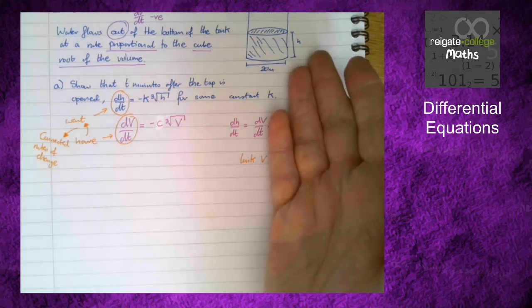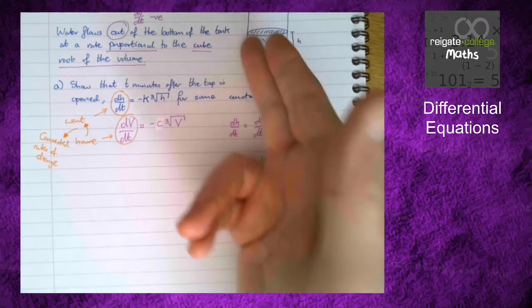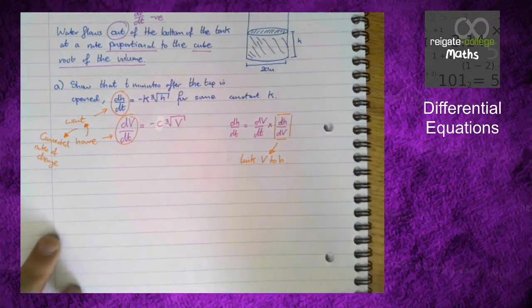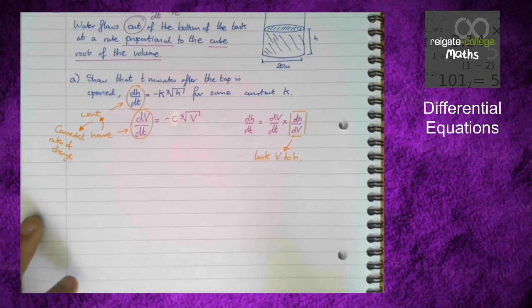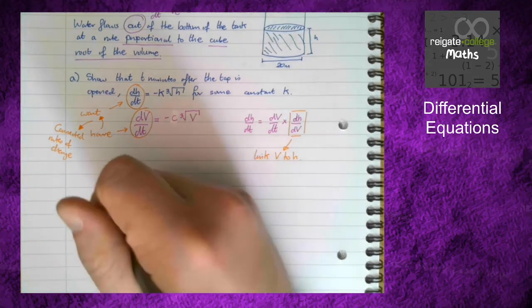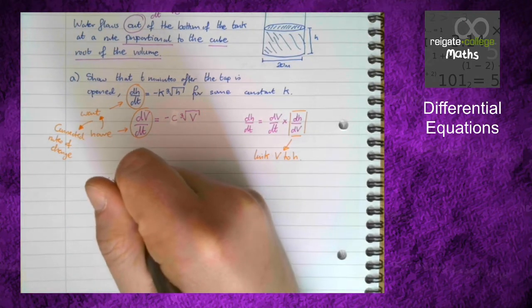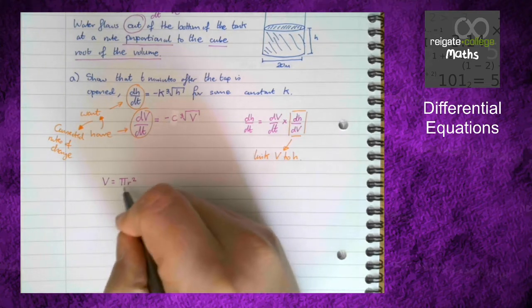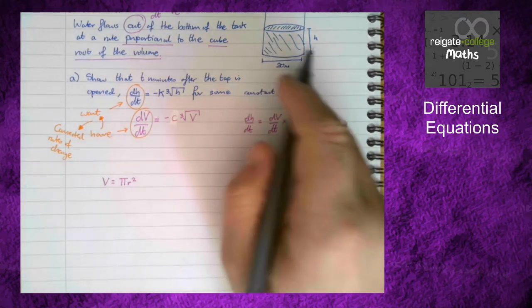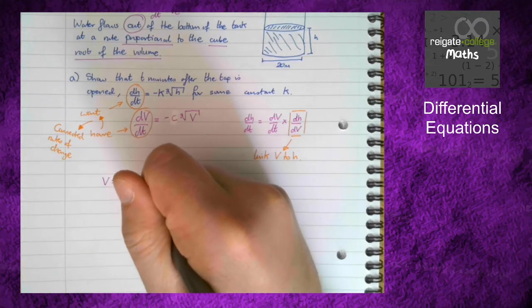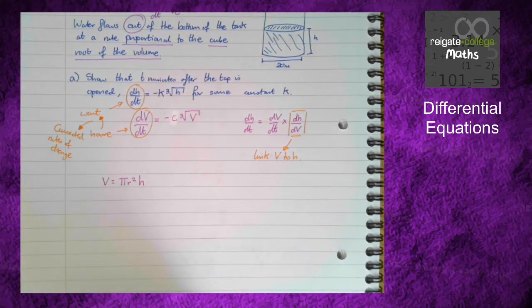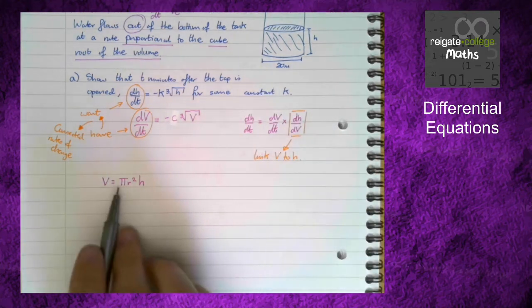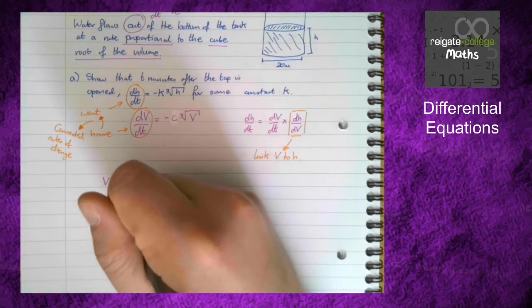Conveniently, this is the height of the water. The water is in a cylindrical shape, and we can work out the volume of water. So the volume is going to be pi r squared, so the area of the cross section, times h. We know the diameter is 20, so the radius is 10.